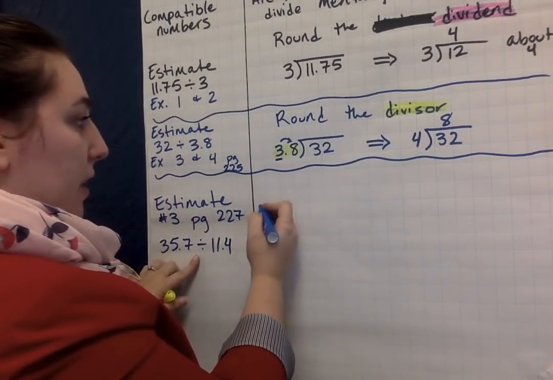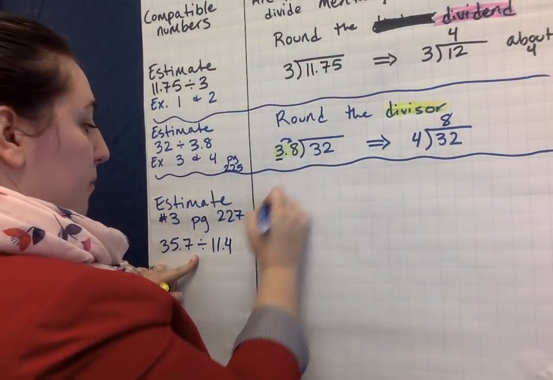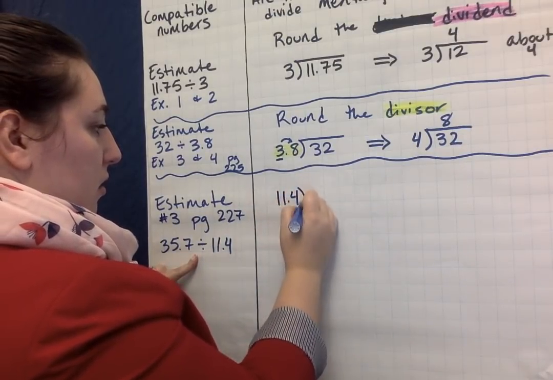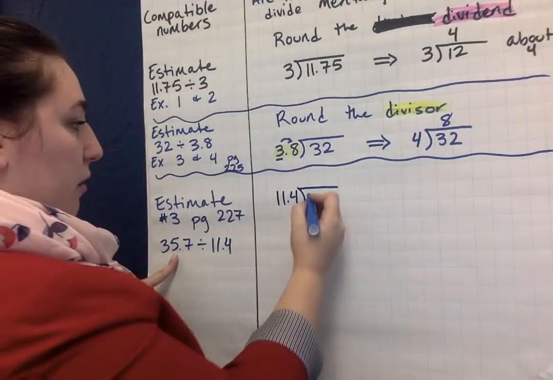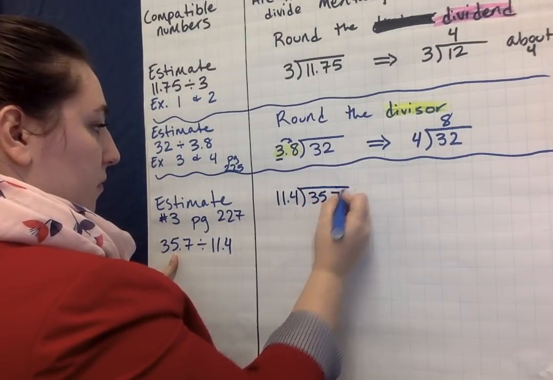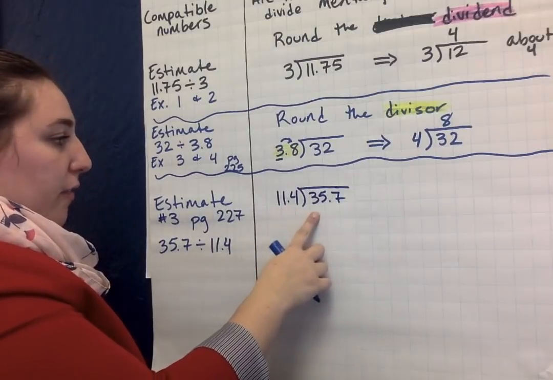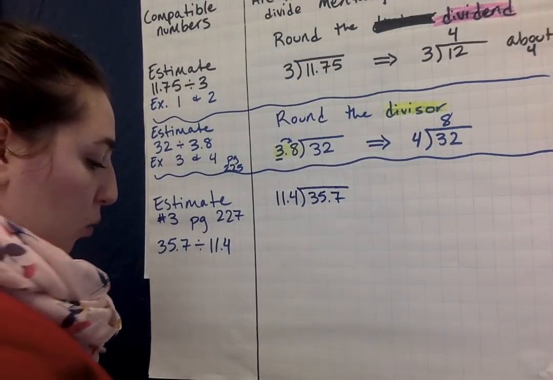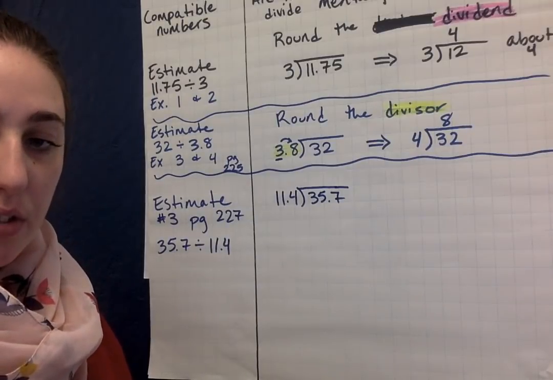So let's rewrite this in long division format. So here's our denominator, and we're going to write our numerator on the inside. Okay, so 35.7 divided by 11.4. Now, which one is our divisor?